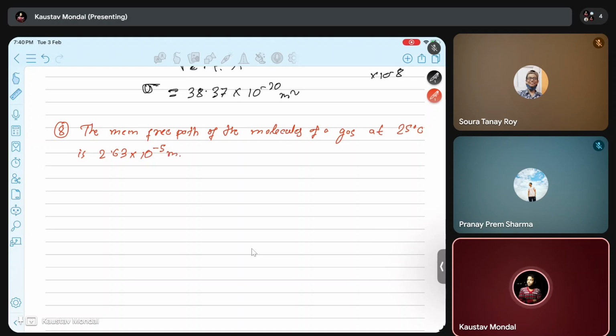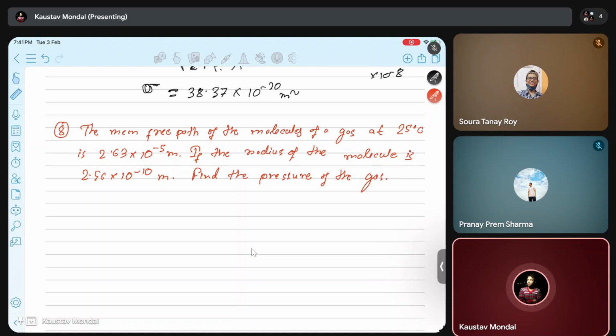This is the mean free path of a gas. If the radius of the molecule is 2.56 into 10 to the power minus 10 meter, then find the pressure of the gas.